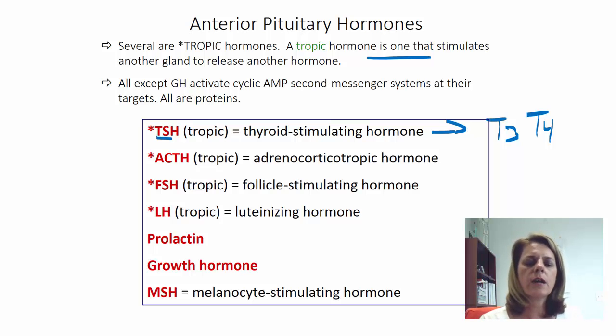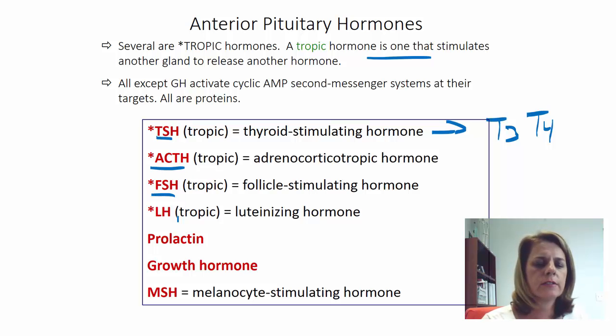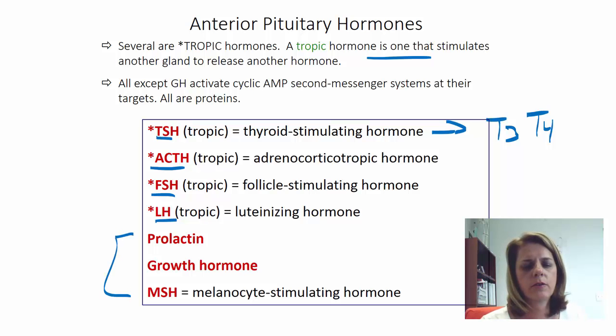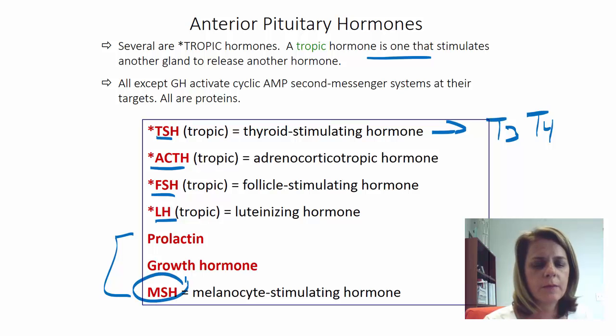We're going to talk about these tropic hormones as we move through the different endocrine organs. Your tropic hormones are TSH, ACTH, FSH, and LH. Non-tropics are prolactin, growth hormone, and melanocyte stimulating hormone, known as MSH.